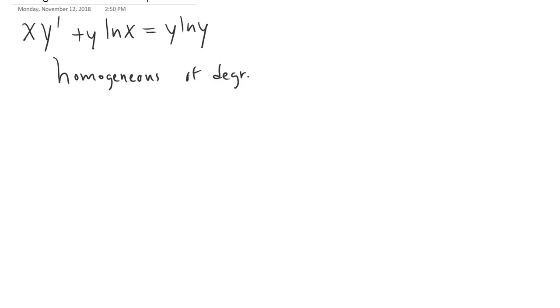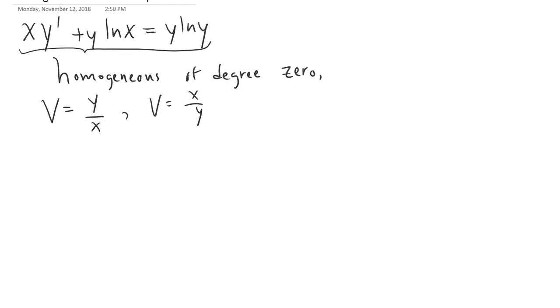We're not going to worry too much about it, but what we really want, how we know something is going to be homogeneous of degree 0, is if we can algebraically change this function in such a way that we can replace y over x terms with a v, or x over y terms with a v. It just depends upon the particular situation as to whether we're going to use v equals y over x or v equals x over y.